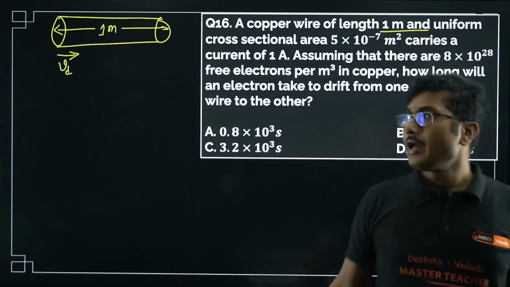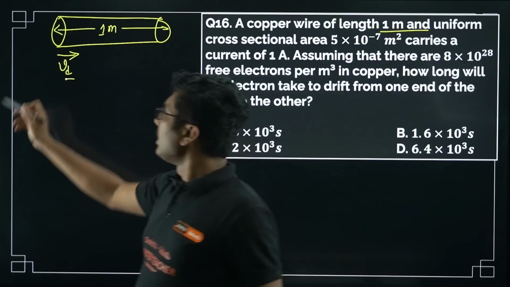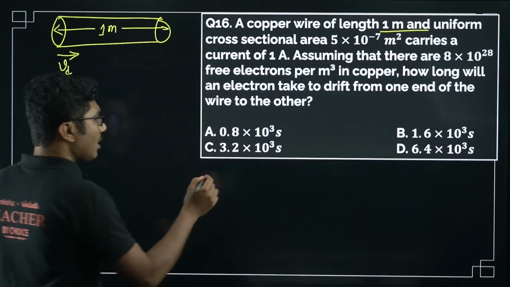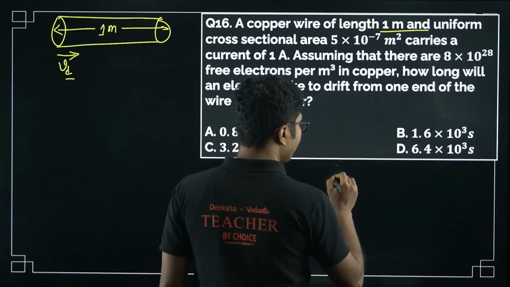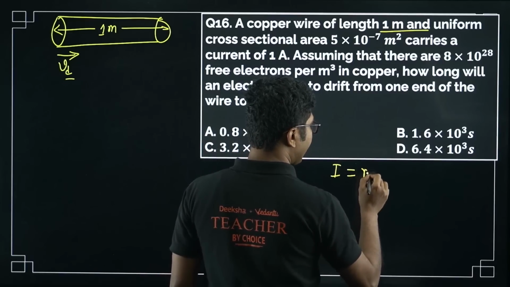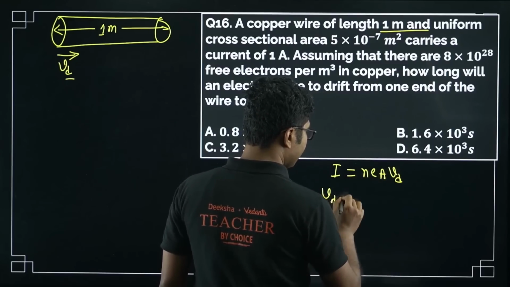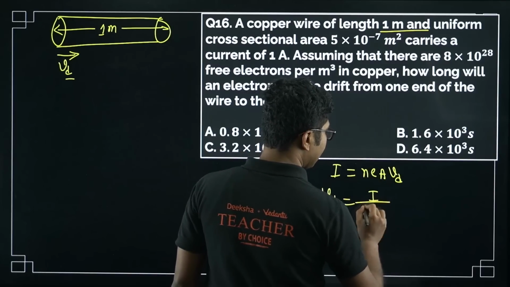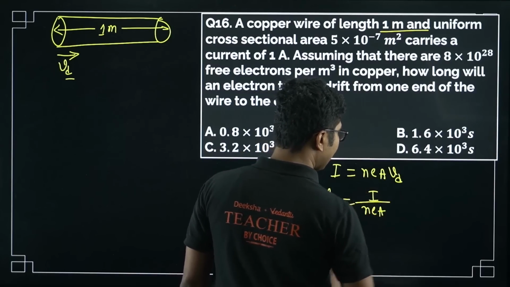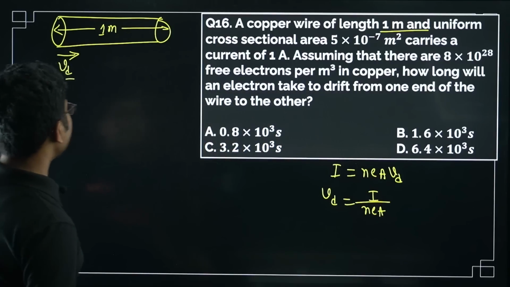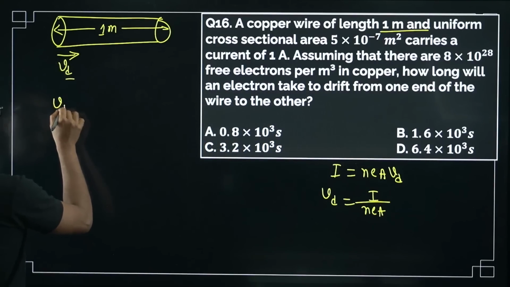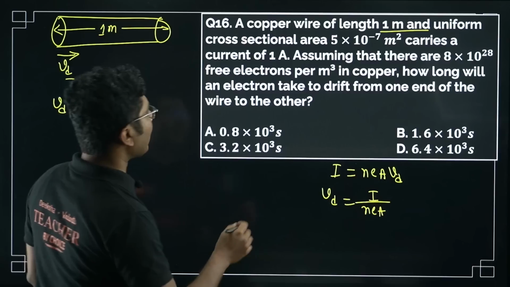Only thing is that first you have to calculate the drift velocity. For that we will use our old good friend formula, I equals N E A V_d, or V_d equals I by N E A. Now all the values are given here, right? So what is the value of V_d? I is given, 1 ampere.